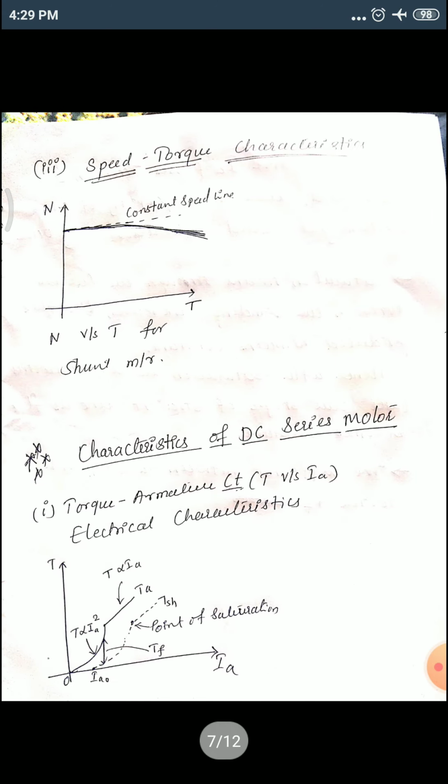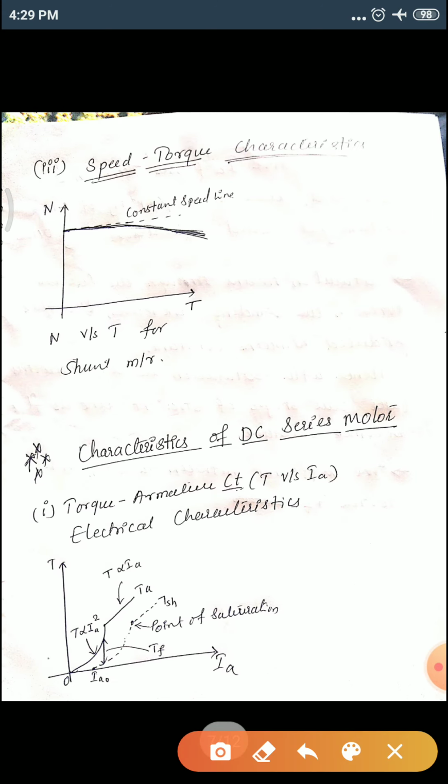Okay, and then next we'll see the speed torque characteristics of DC shunt motor. This is the combination of the first one and the second one. In the first one we said TA is proportional to IA, correct?